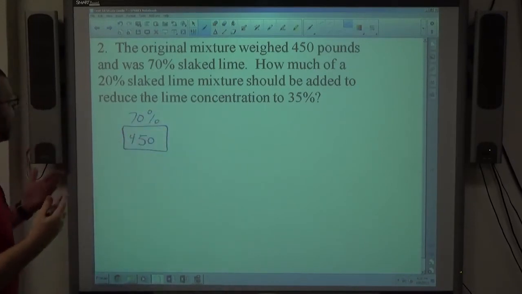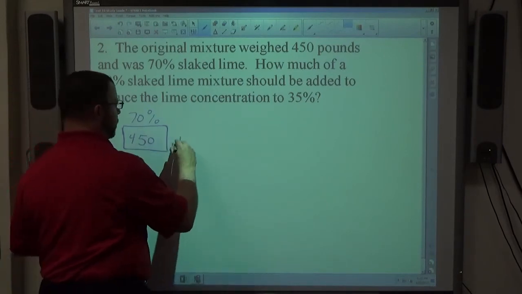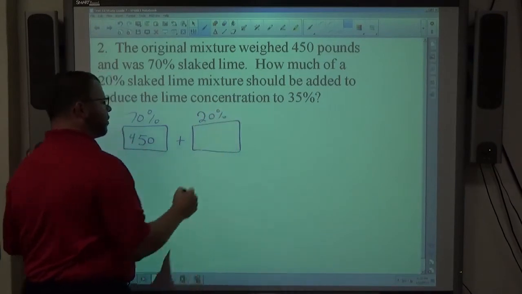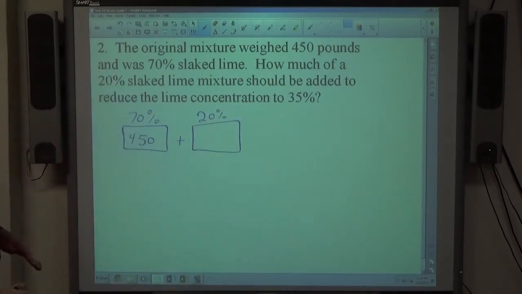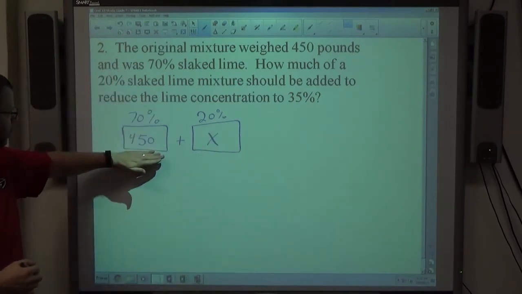We're going to add a weaker concentration of slaked lime mixture to this. That's going to reduce the concentration of slaked lime. We don't know how much we're going to add to it though.